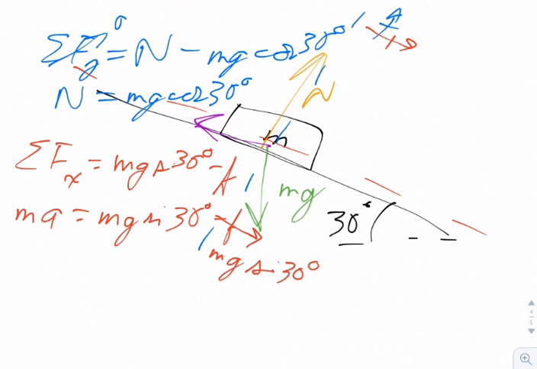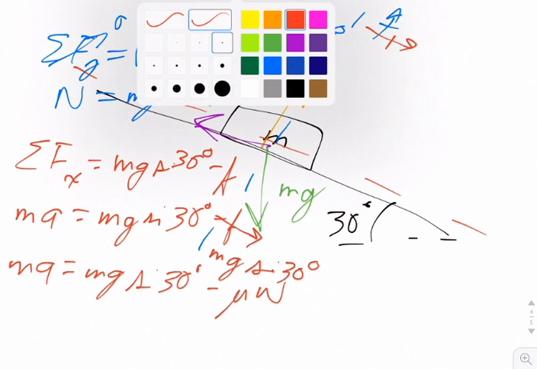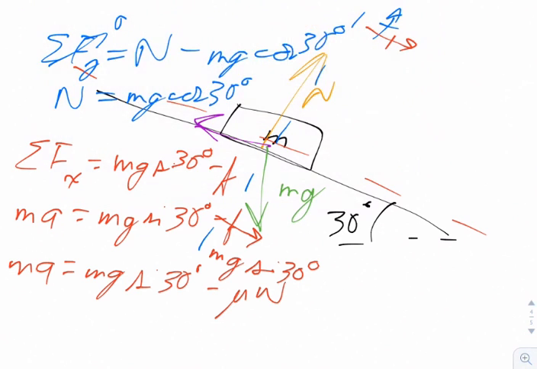Well, this thing is sliding, and so it's kinetic friction, and so what does friction equal? It equals mu times normal. And I apologize, in my rush I didn't tell you what the coefficient of kinetic friction was for these two surfaces. The example I used in class was 0.2, so we'll use that again.